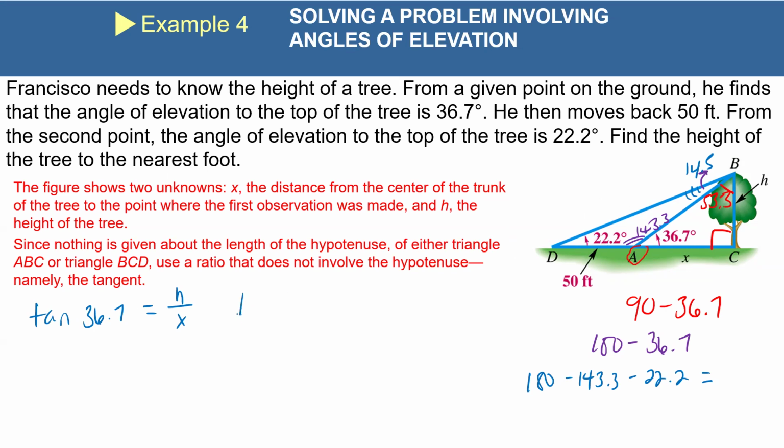So if I use the 50, tan of 22.2 equals, and the opposite is H. And its adjacent is, like Johnny said, X plus 50. Okay. I now have two unknowns, but I have two equations.